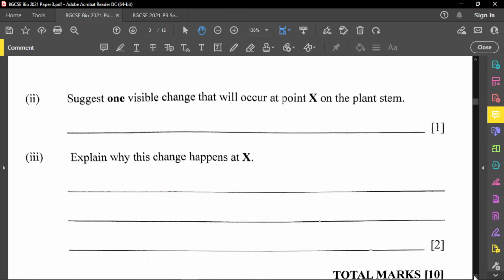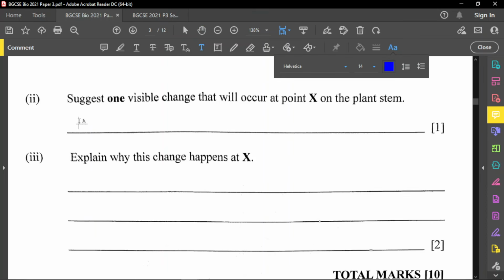What you'll see as an obvious change will be swelling of that area, or you may say bulging. So it will be bulging out, becoming larger, or you can say enlarge, whichever word you prefer. Bulging, swelling, enlargement of the area, it doesn't matter, it's the same thing.